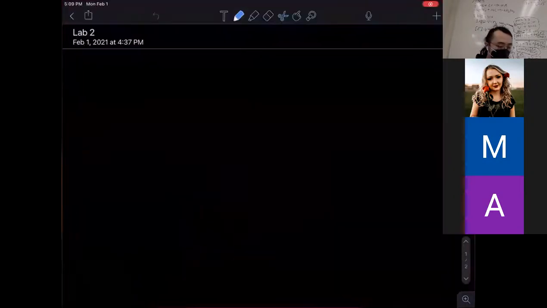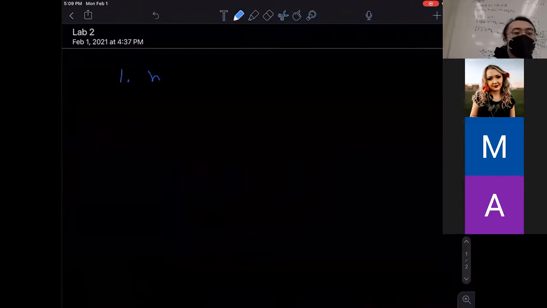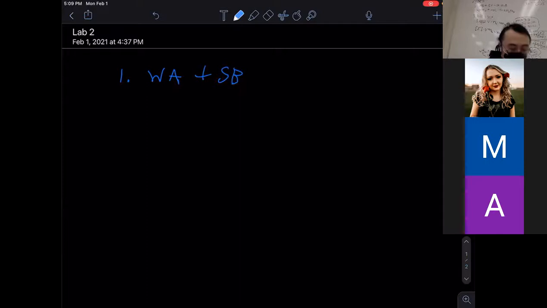All right, so we're doing number 1 first, where we're doing a weak acid and a strong base. Is my screen sharing all right? I'm just going to note down what we're doing first.